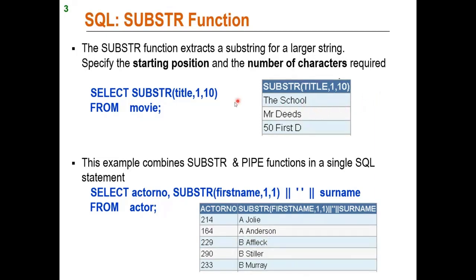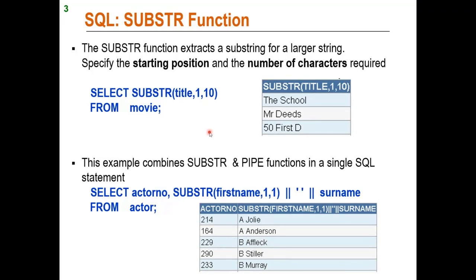So I need to tell Oracle which position to extract from. I just tell it, start from position number 1, extract 10 characters. That is what we mean by that. I can start with position number 2 and extract 10 characters, whatever. So this is the starting position of the extraction.